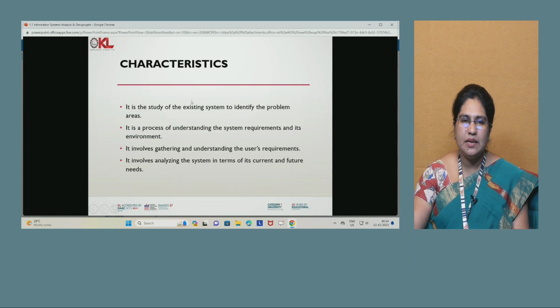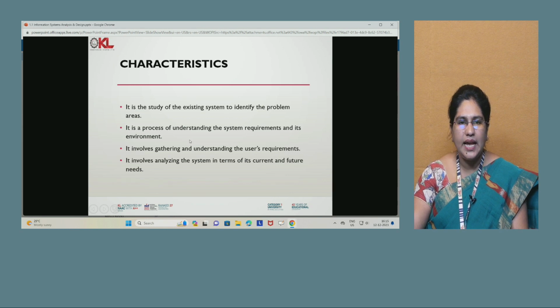Here, what are the characteristics involved? The first characteristic is identifying the problem area, then understanding the system requirements, and it involves gathering and understanding the user requirements as well.